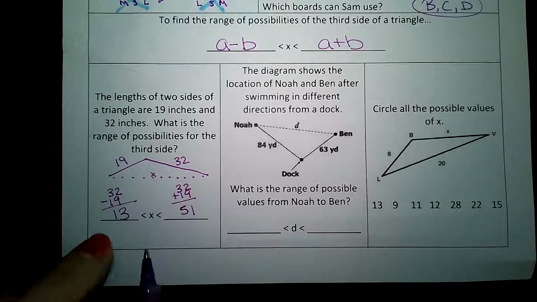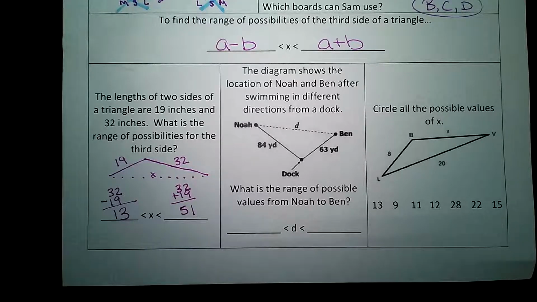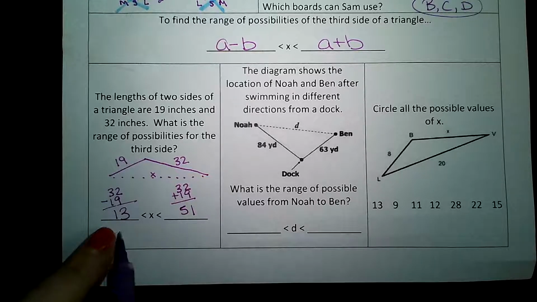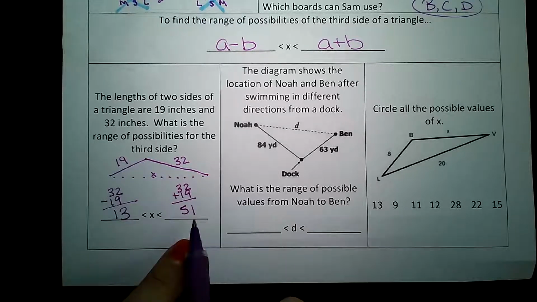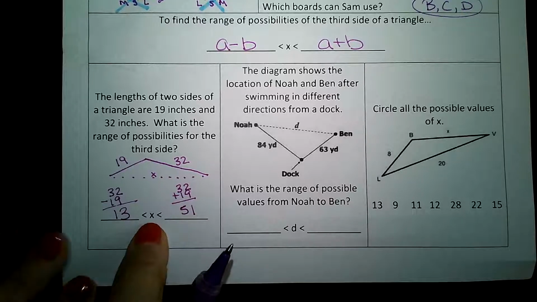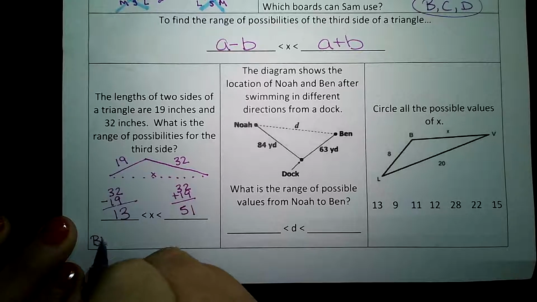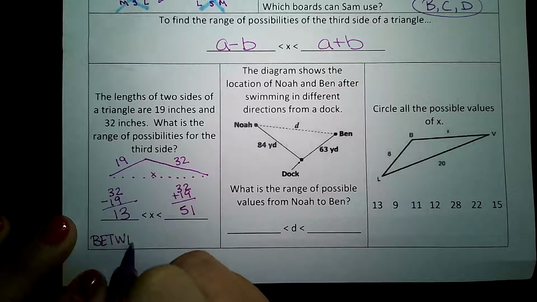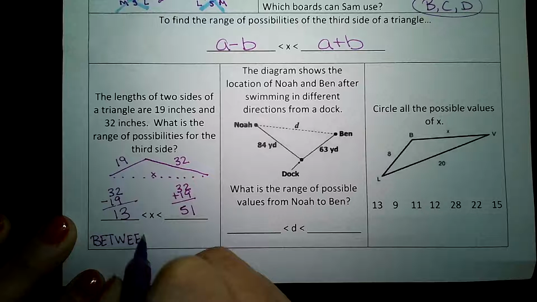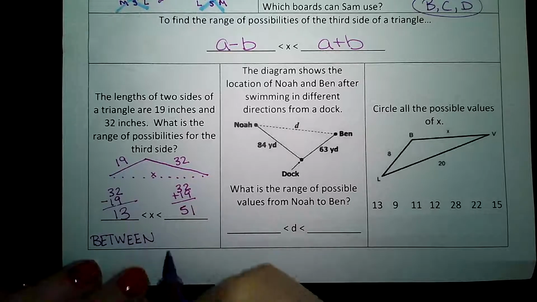So that third side can be anywhere from 13 inches to 51 inches, anywhere in between. It cannot equal 13 inches. It cannot equal 51 inches. It has to be between 13 and 51 inches. There is no equal sign in this theorem.